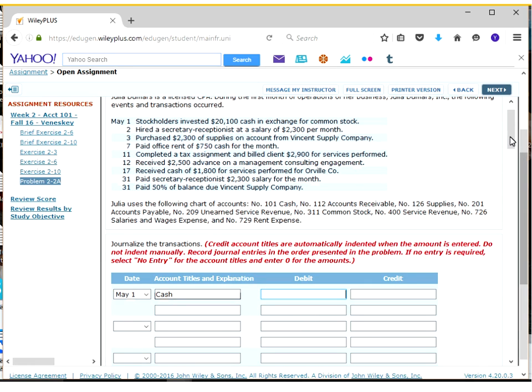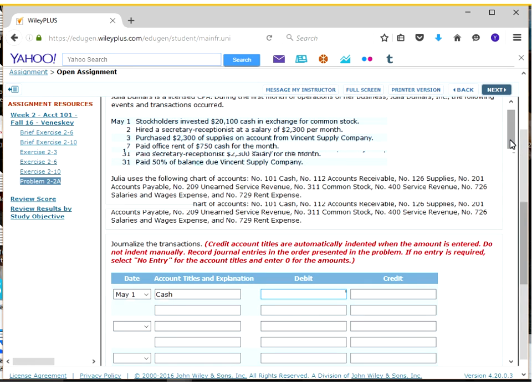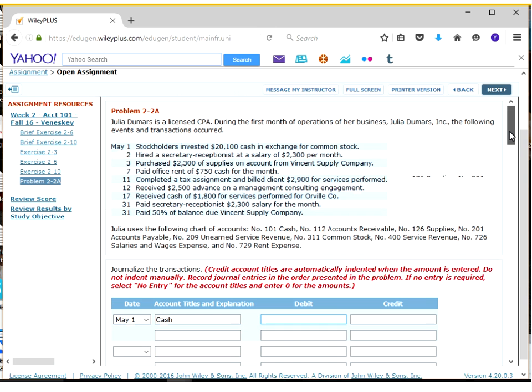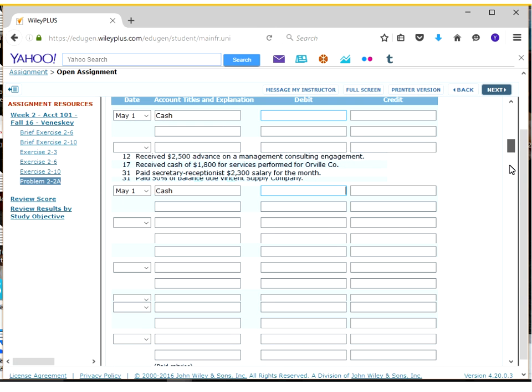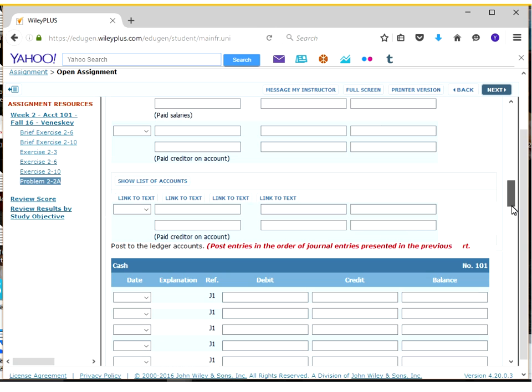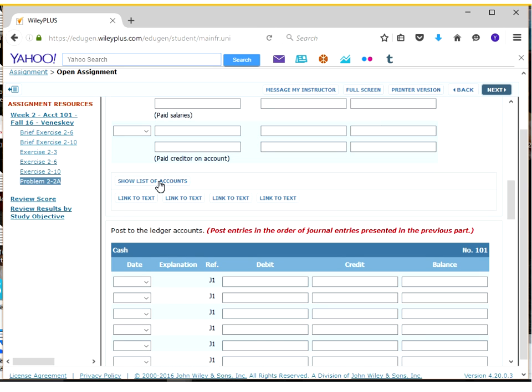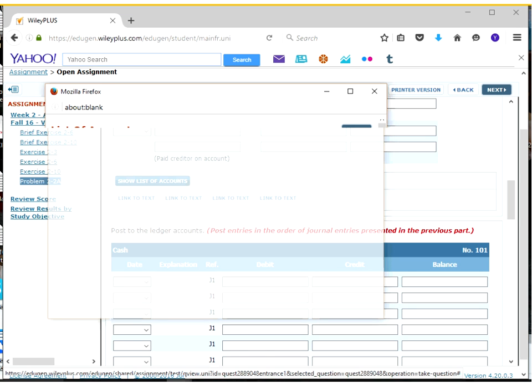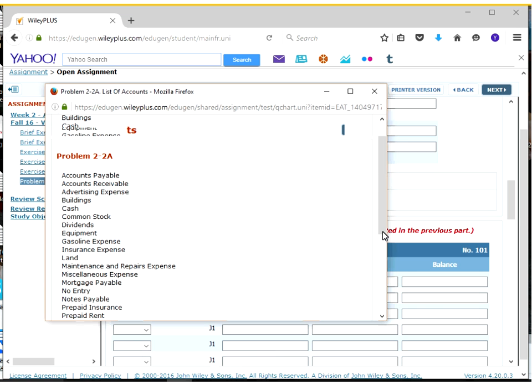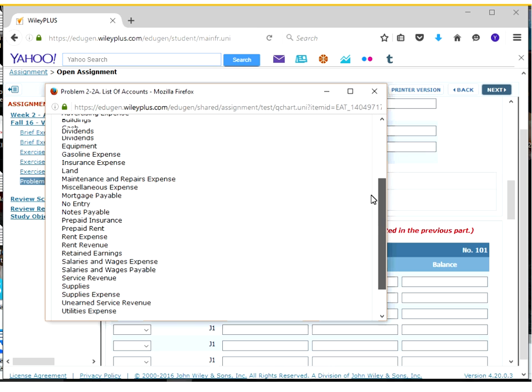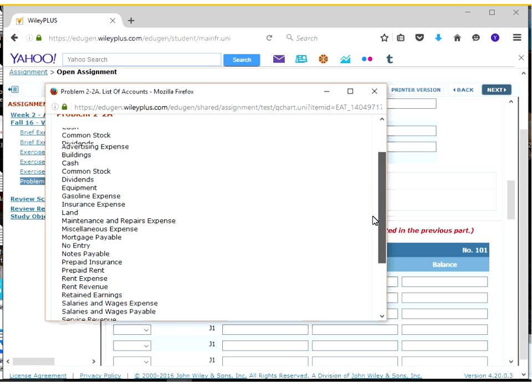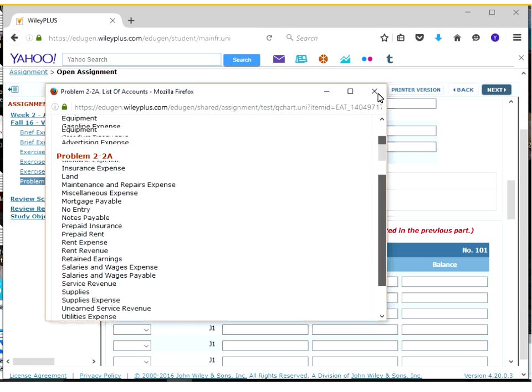That's usually the best. And remember back to the last one: if you don't know what account to use and they don't have the account that you're thinking of, always go down here to Show List of Accounts, and that'll give you a good starting point for what accounts could possibly be used. When I pull this up, it's showing me all the different accounts that this company could be using. That's a lot, but it does help narrow it down.